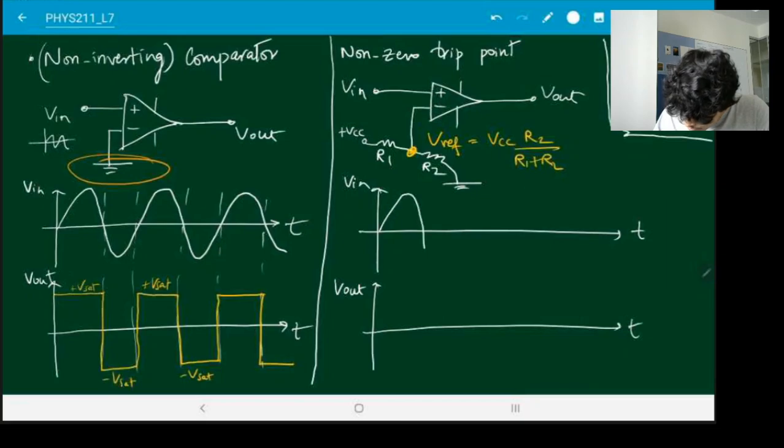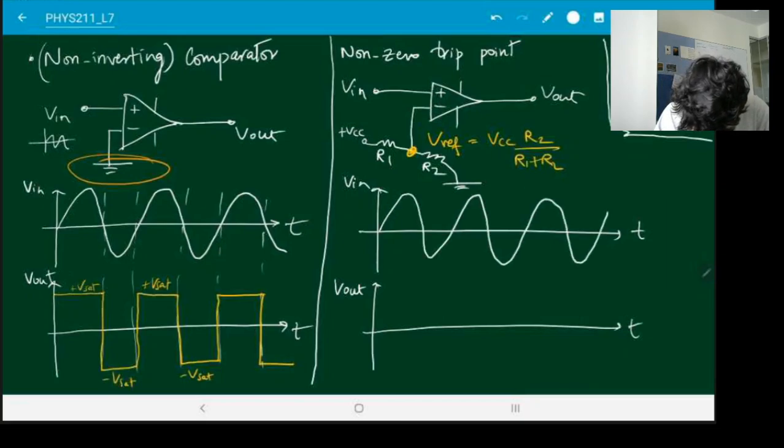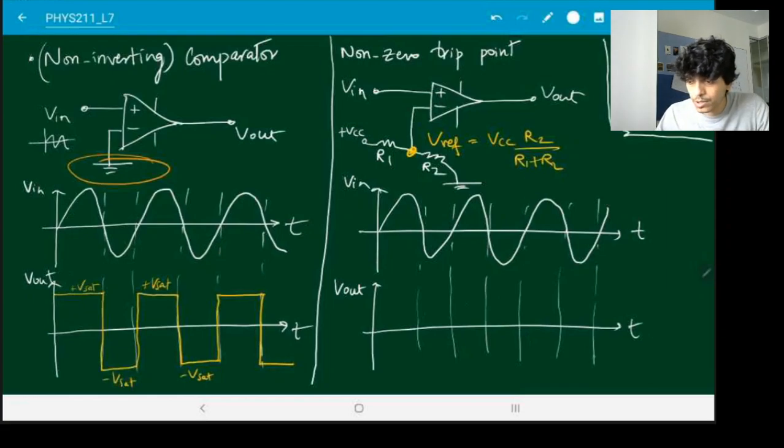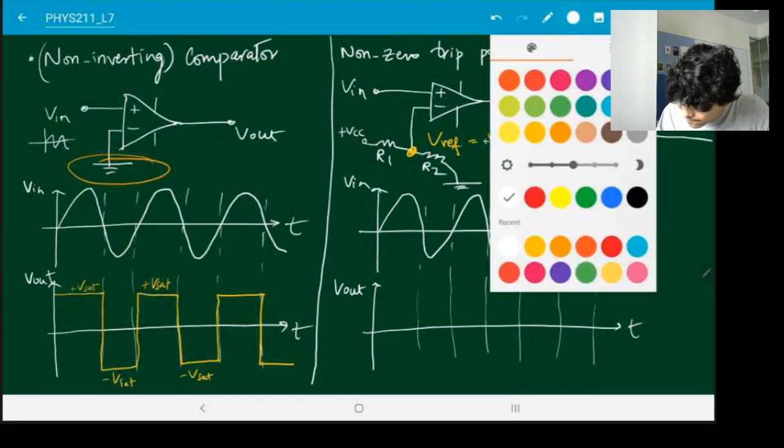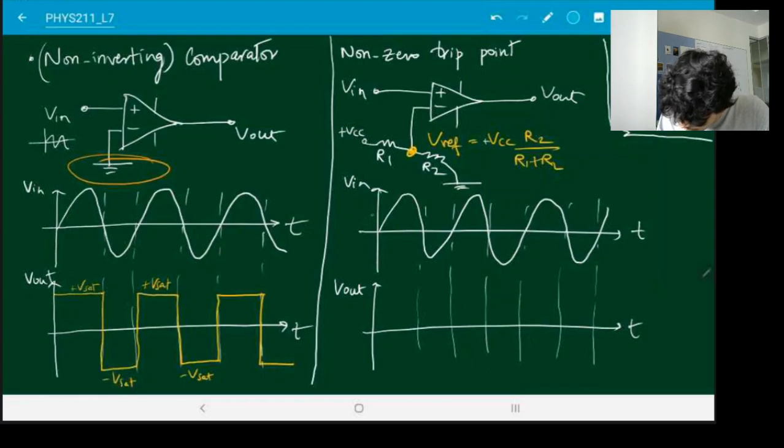Once again, my input is going to be a sine wave. But now my Vref is no longer 0, it has some different value. Suppose it is positive. Suppose I was putting a plus VCC over there. So now my reference voltage is some positive value. Let us call this my Vref.